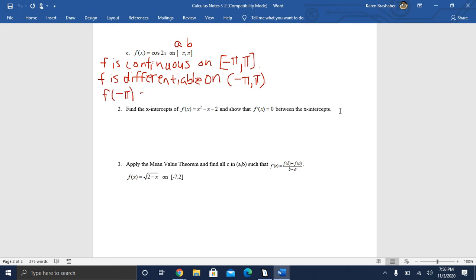All right, so that would be the cosine of 2 times negative pi, or in other words, that would be the cosine of negative 2 pi.